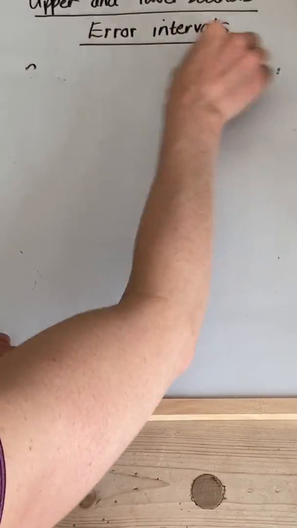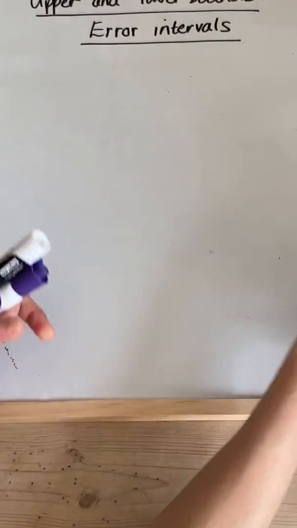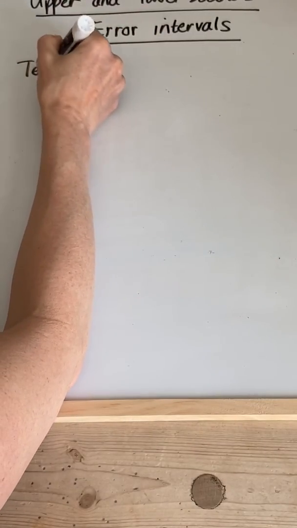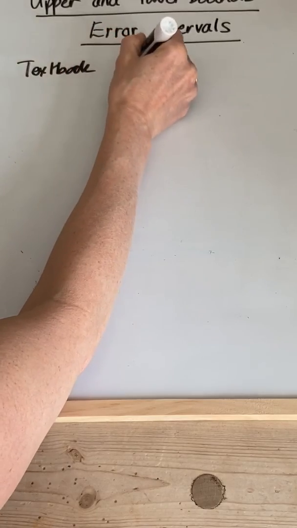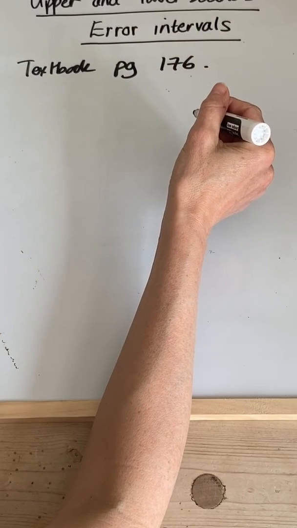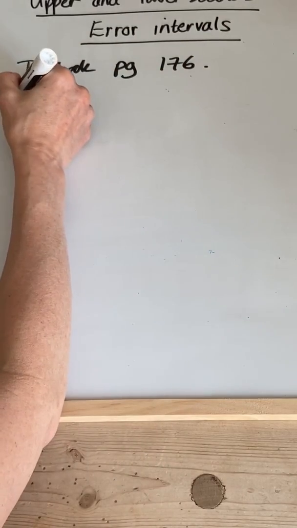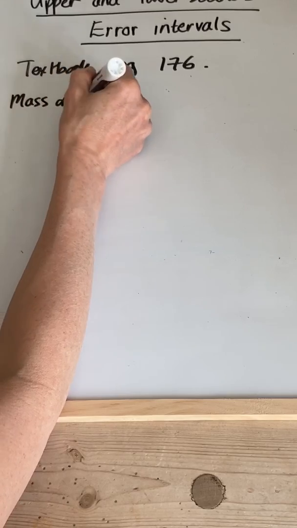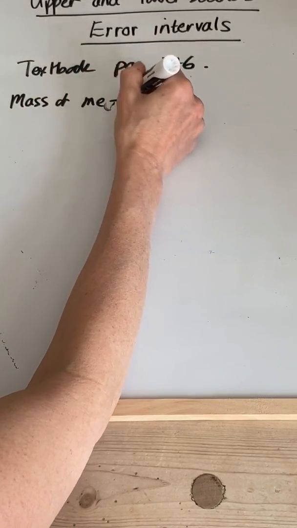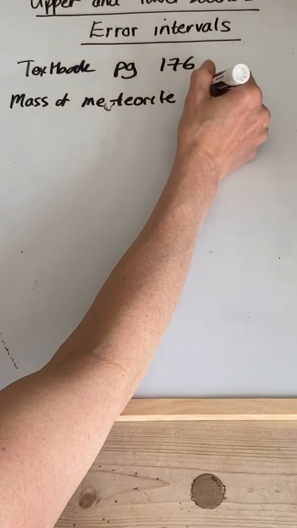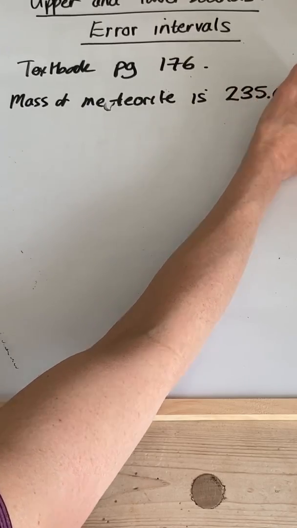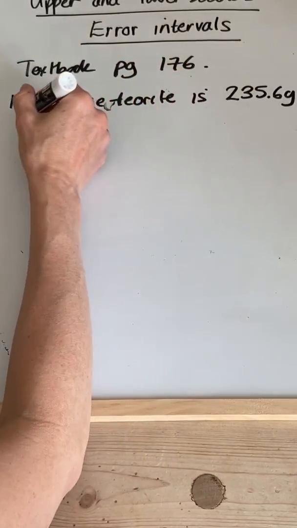In your textbooks on page 176, there is an example right at the bottom of the page of a mass of a meteorite, which I can't spell, and it's given as 235.6 grams to the nearest gram.